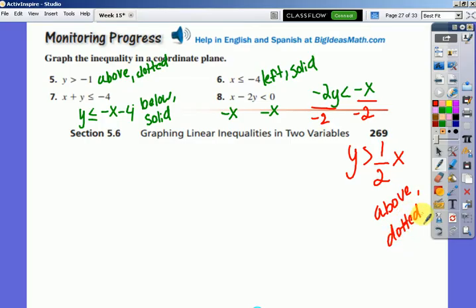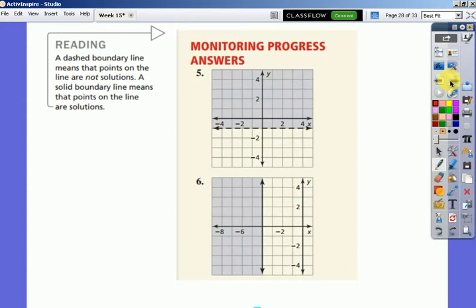All right. Let's check all of these. Number 5, we said it was above and dotted. 6, we said it was to the left and solid. Now, what's the point of the dashed lines?